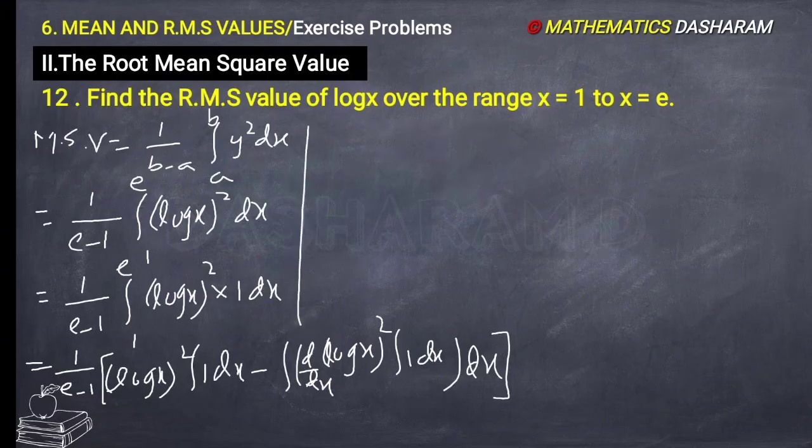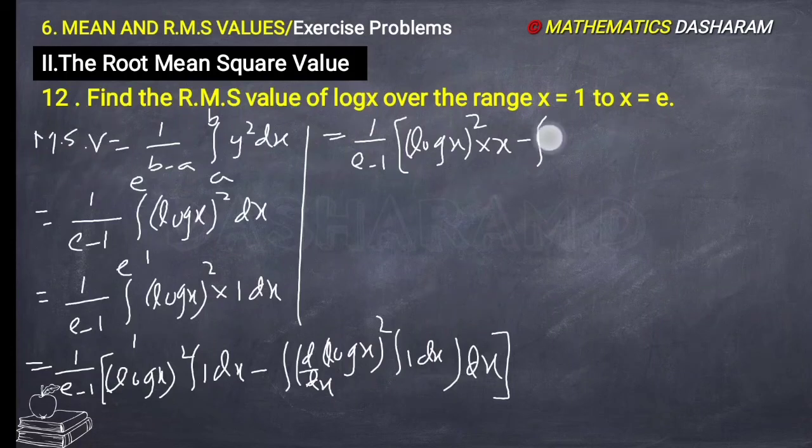So it is equal to 1 by e minus 1, (log x) whole square into integration of 1 dx, which is x, minus the derivative of (log x) whole square, which is 2 into log x into the derivative of log x, 1 by x, into integration of 1 dx, x, whole dx.